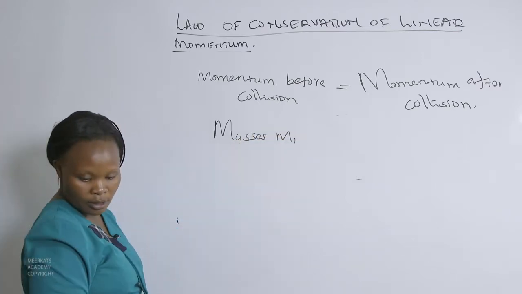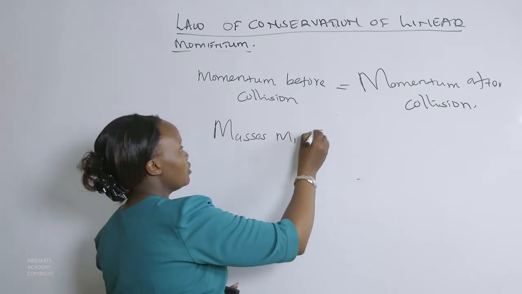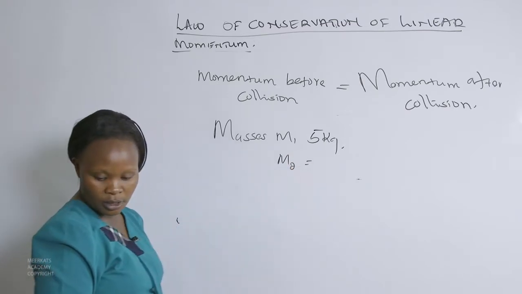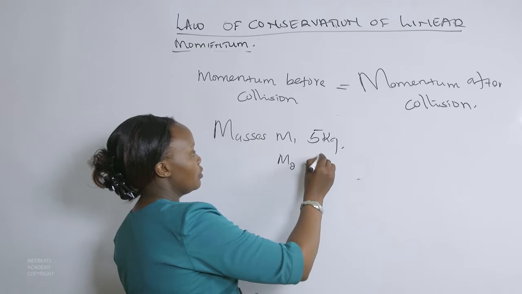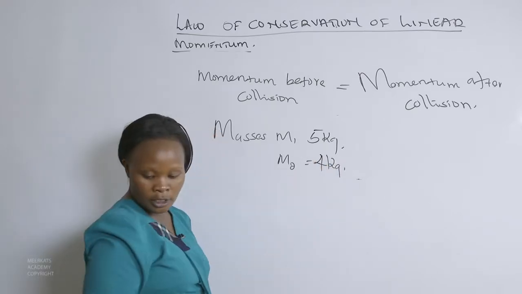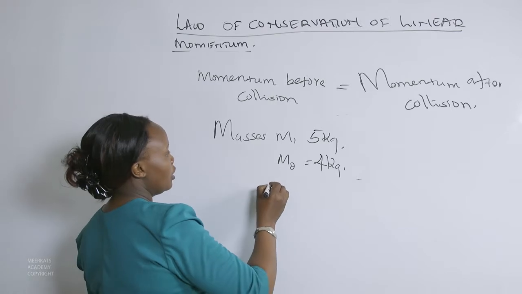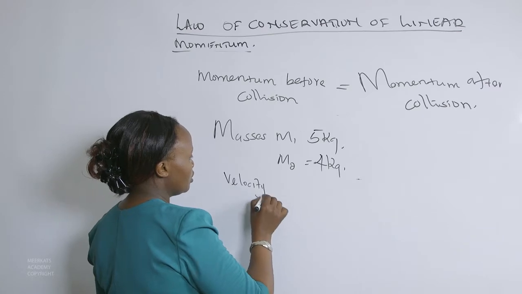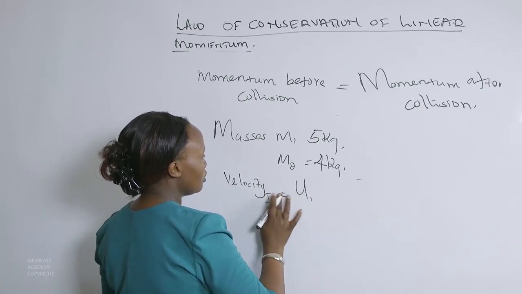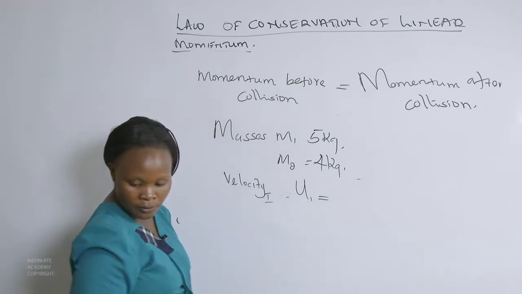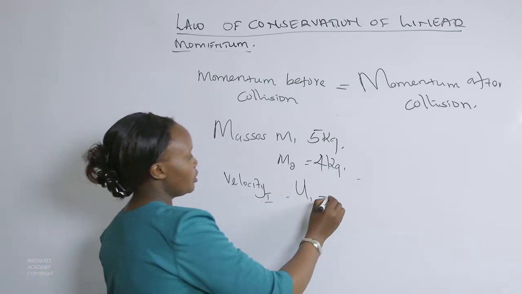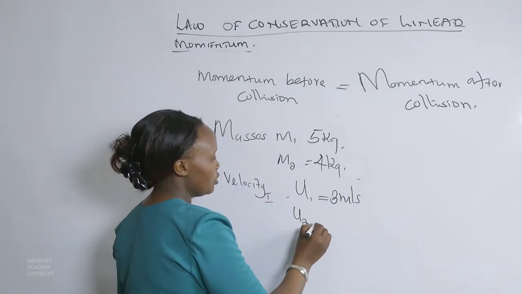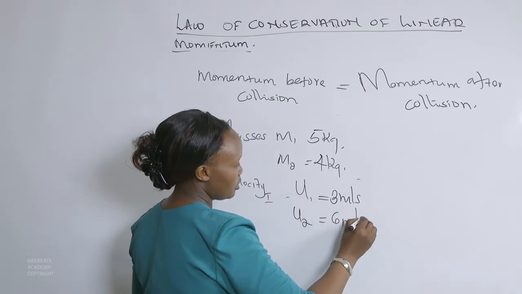M1 has been given as 5 kgs. M2 has been given as 4 kgs. Now, initial velocities: U1 is given as 3 meters per second, and U2 is 6 meters per second.